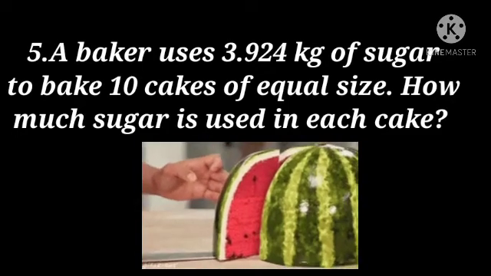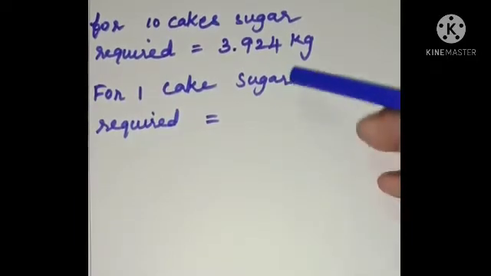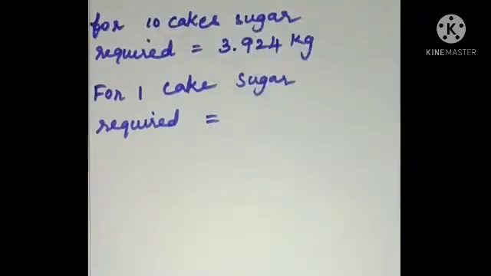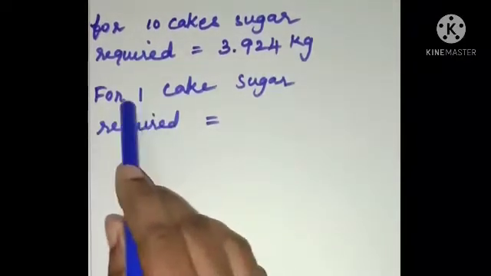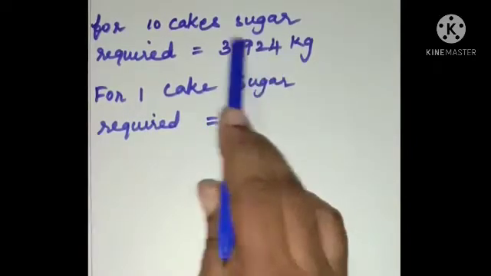We have to divide 3.924 by 10. Fifth problem. A baker uses 3.924 kg of sugar to bake 10 cakes of equal size. How much sugar is used in each cake? So children, here to find how much sugar is used in each cake, for one cake we have to divide 3.924 by 10.